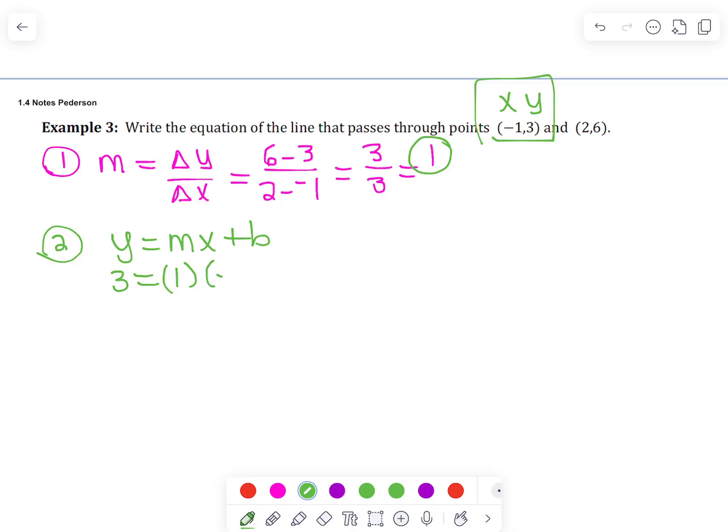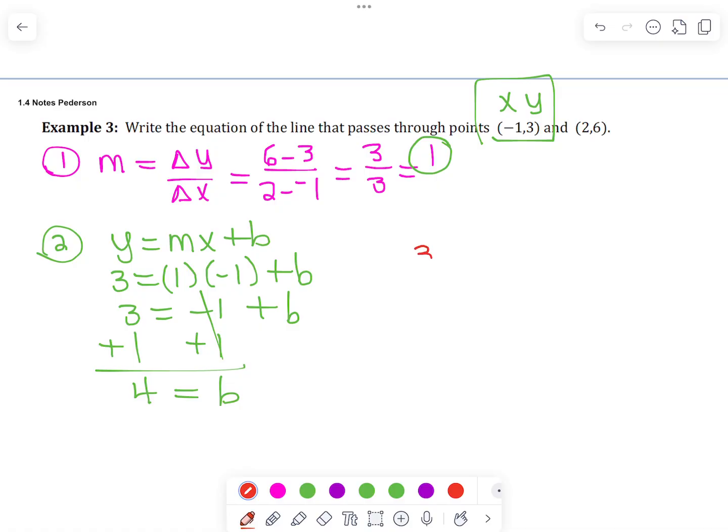The x, -1. And we find b. So 1 times -1 is -1. Add 1 to both sides. And we get b as 4. So that's telling us the y-intercept is 4.